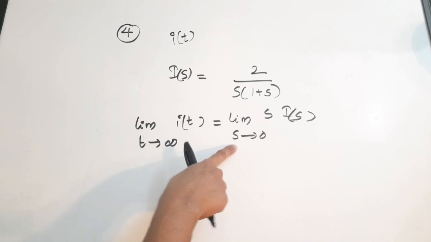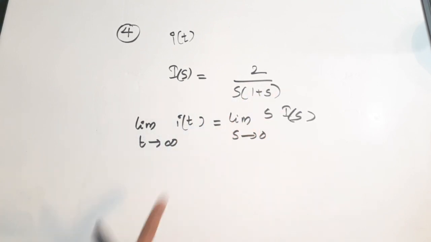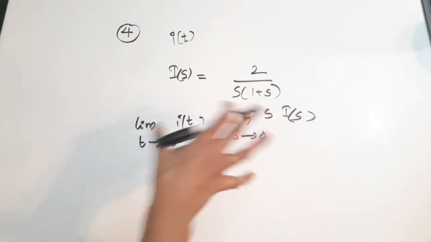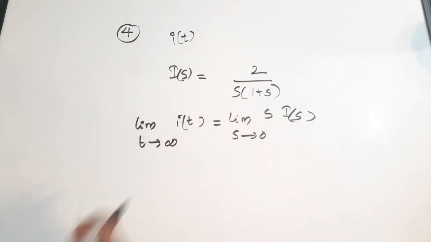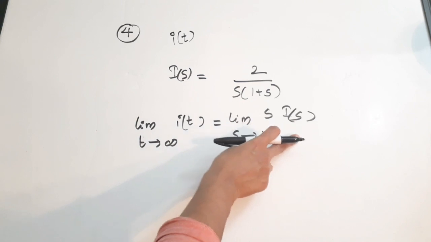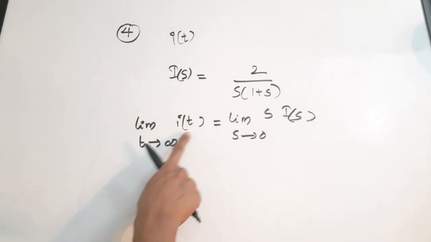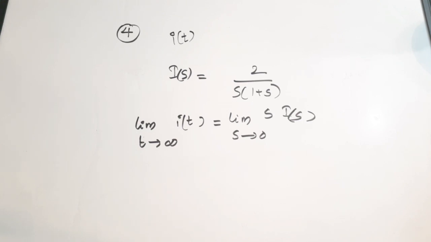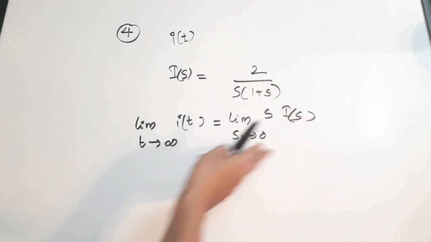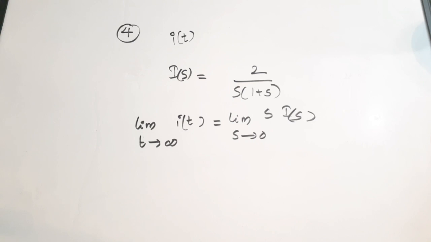So in the s domain, it is limit s tends to 0 of s into I of s. This is the final value theorem. Now we have this as I of s, so to find the value of i of t as t tends to infinity, we only need to evaluate this much.